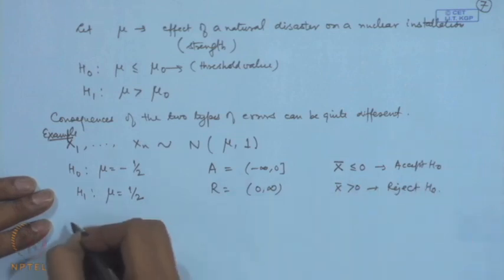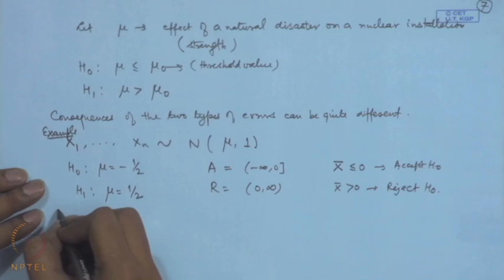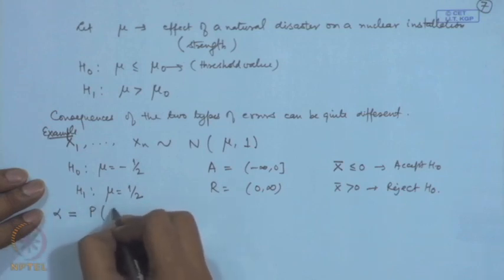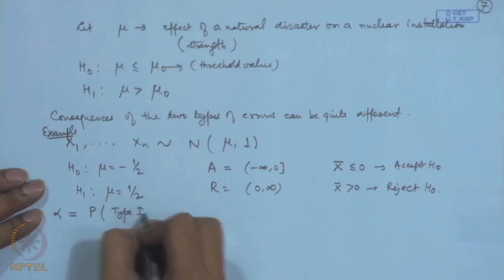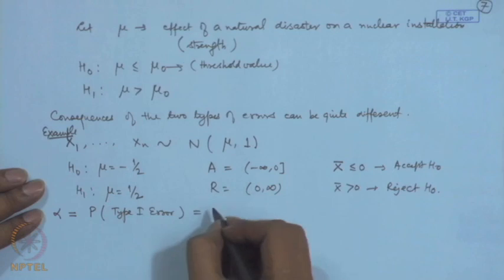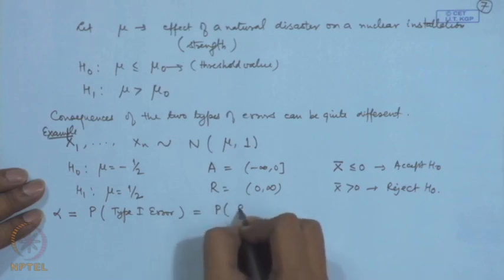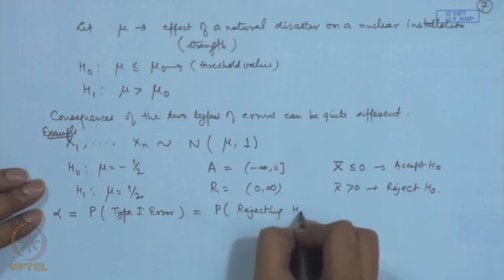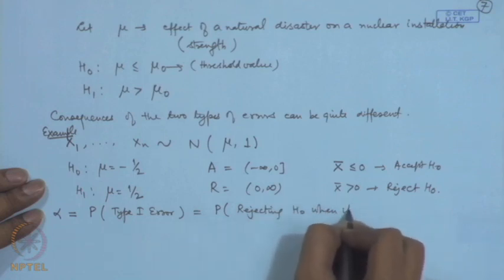Now, let us calculate the probabilities here. Alpha, that is the probability of type 1 error, is equal to the probability of rejecting H naught when it is true.